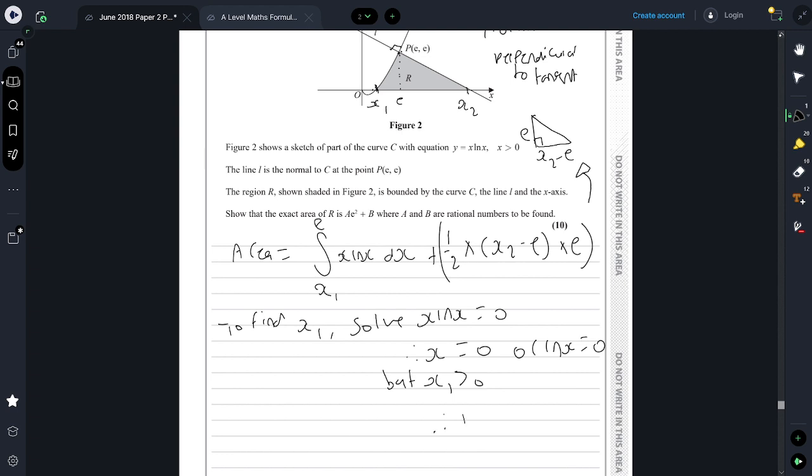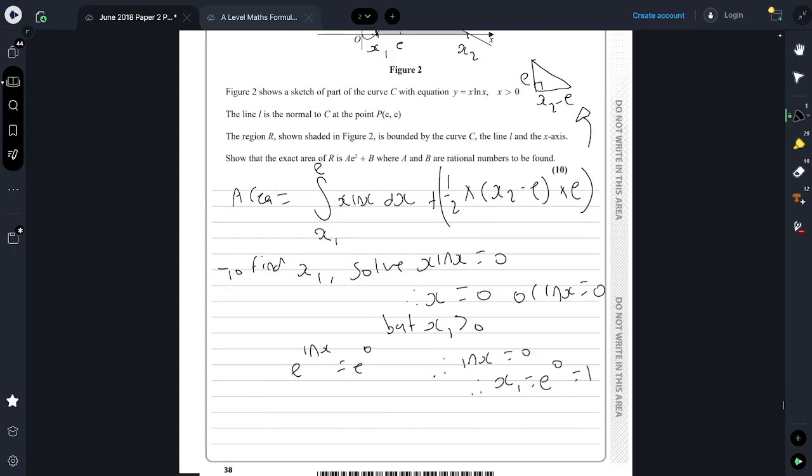Therefore ln x is 0, which means x1 is e to the 0, which is 1. If you raise both sides by e, e to the ln x is e to the 0. You should know they cancel out. It's in the formula book as well. So you get x is e to the 0, which is 1. That's where that comes from. So that's x1.